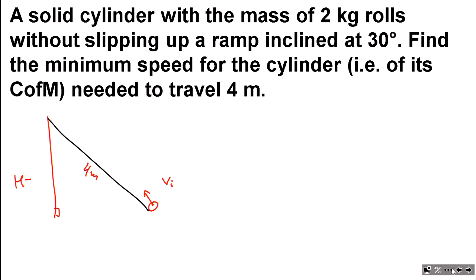It should travel 4 meters up and should stop here, so the final speed will be equal to 0. But we know that means the height will be 2 meters above the bottom of the ramp, because the angle is 30 degrees.